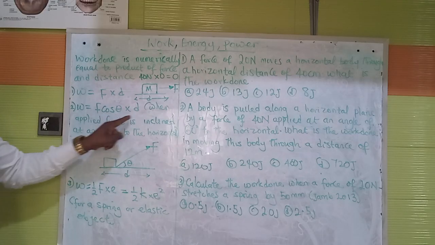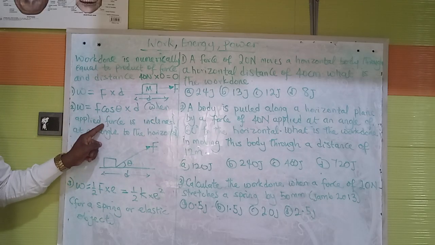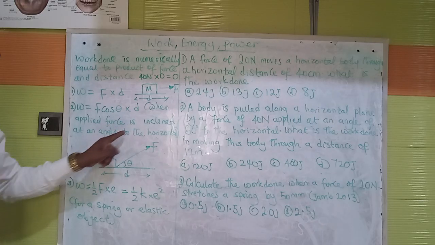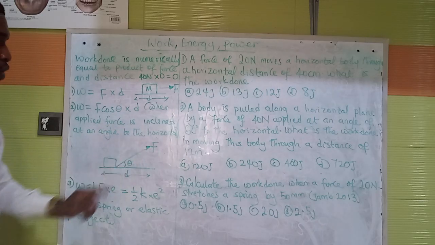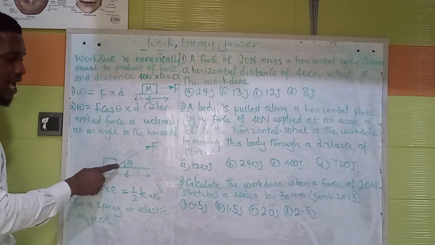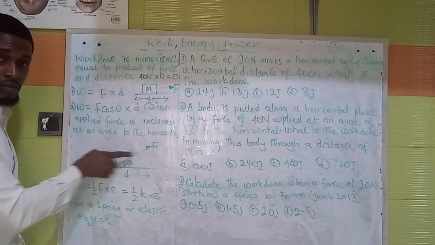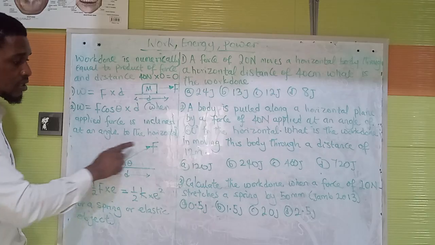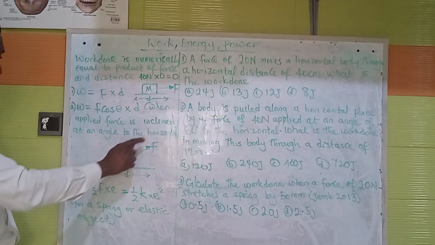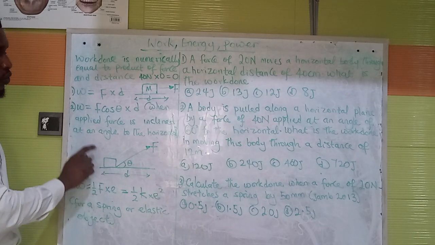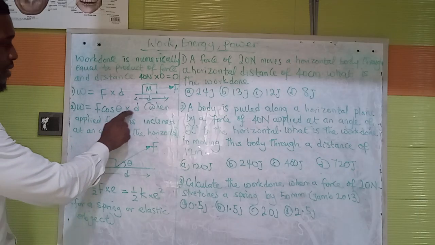We use this when the applied force is inclined at an angle to the horizontal. So when you apply a particular force and that force is not parallel, but rather inclined at an angle, we use F cos theta times D.